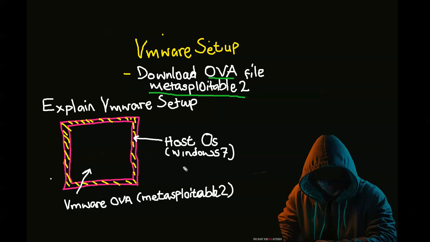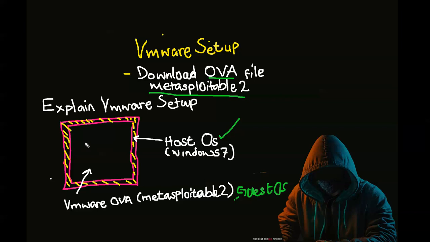The Windows 7 outside is called the host operating system, and the operating system inside, which is Ubuntu, the Metasploitable, is now called the guest. So it's the guest operating system.